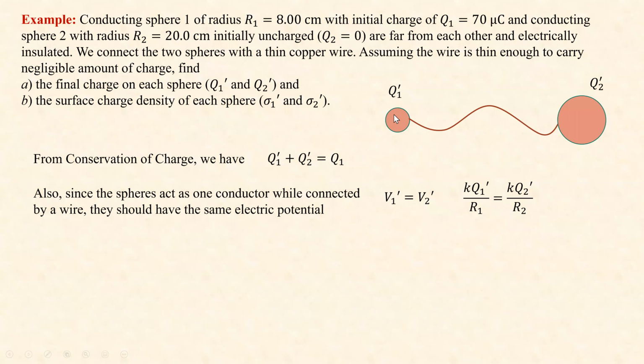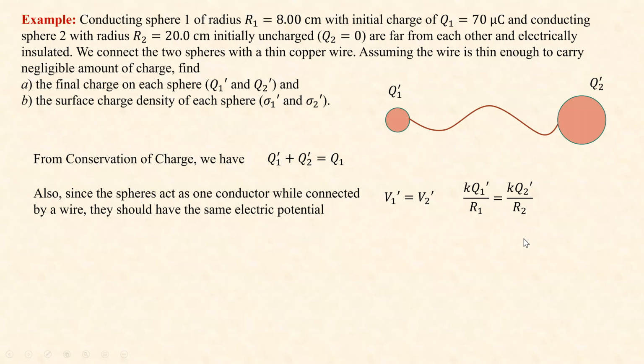Of course, some of this charge goes to the other one, and therefore the total charge doesn't change. That's a physical law. Another physical law that we have here, specifically for two conductors connected, is that they have the same potential. And we know that the potential for each sphere is kQ over R.